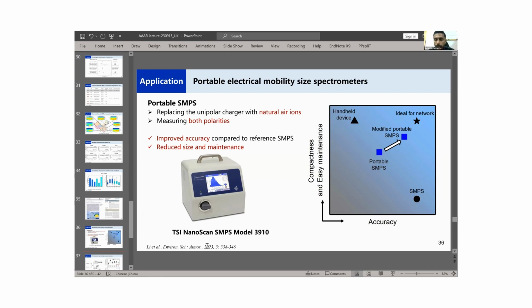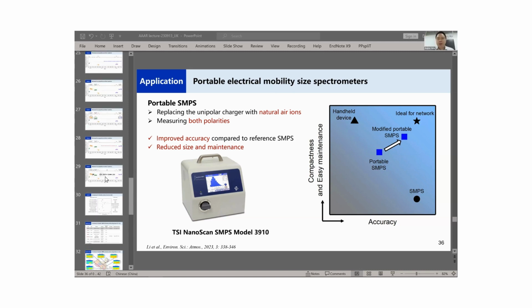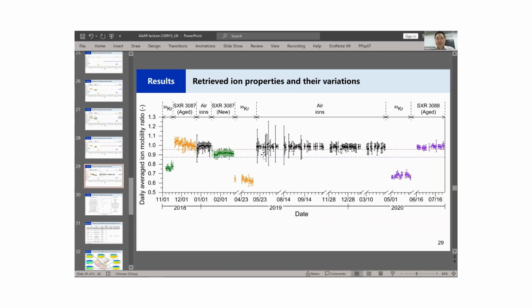We have another question from Diego. In one of your slides, you highlight different conditions that impact the concentration of natural air ions. Does relative humidity in the surrounding air impact the concentration of natural air ions, and would that in turn affect the SMPS measurements? This is a very good question. If we believe this black dot showing the retrieved ion mobility ratio is true, that actually reflects what this question is asking.